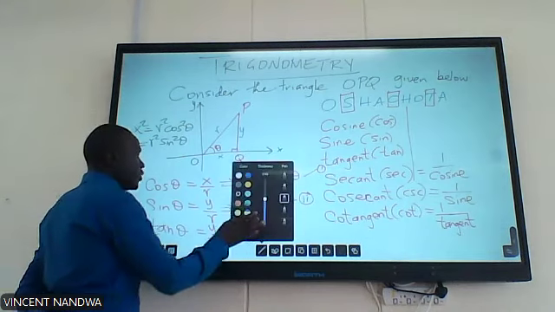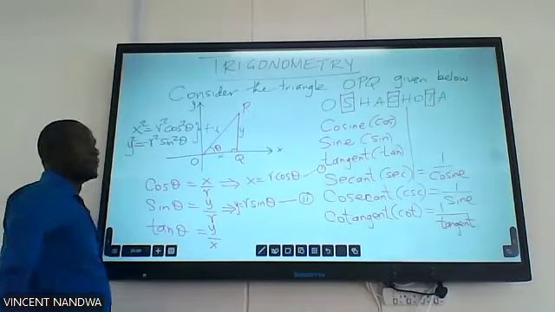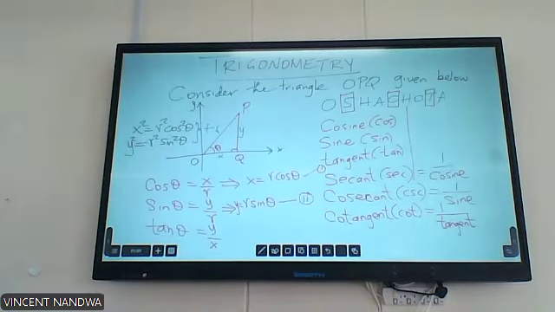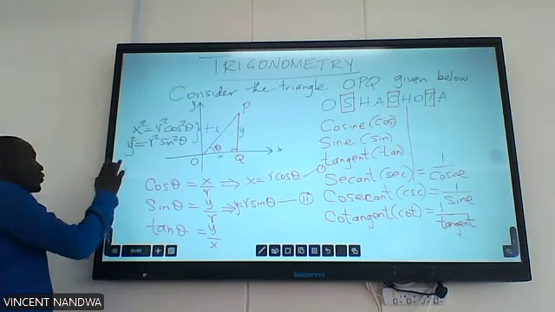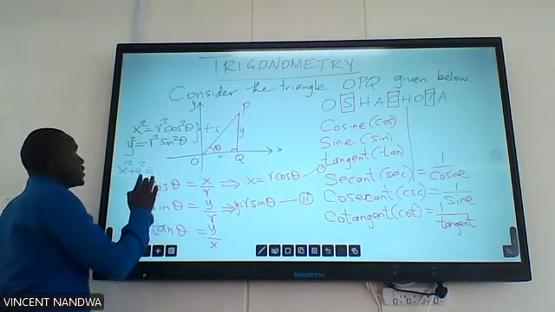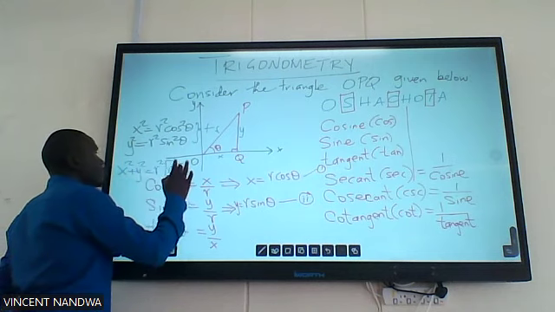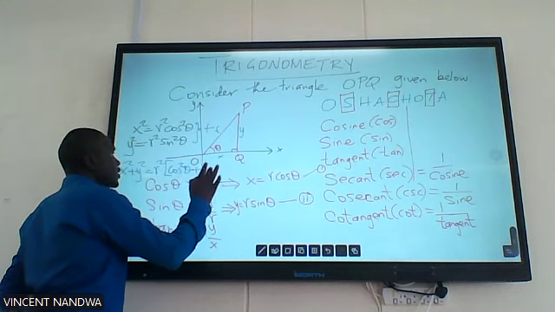Then these two, we can add them so that we have x squared plus y squared gives us r squared times cos squared theta plus sine squared theta.